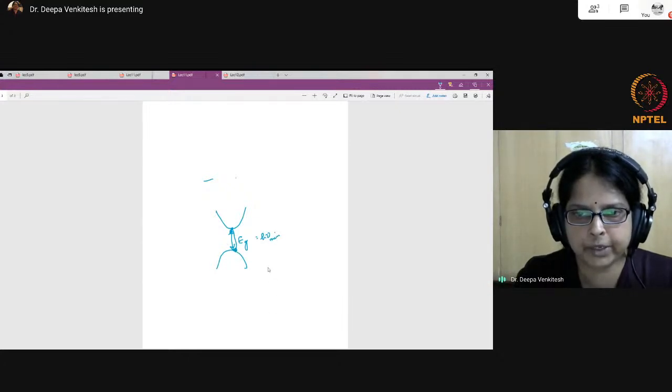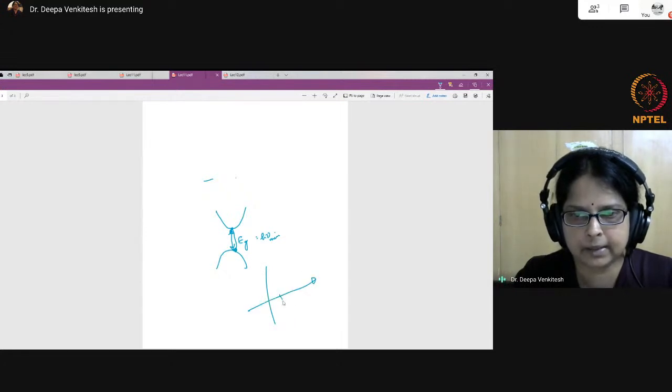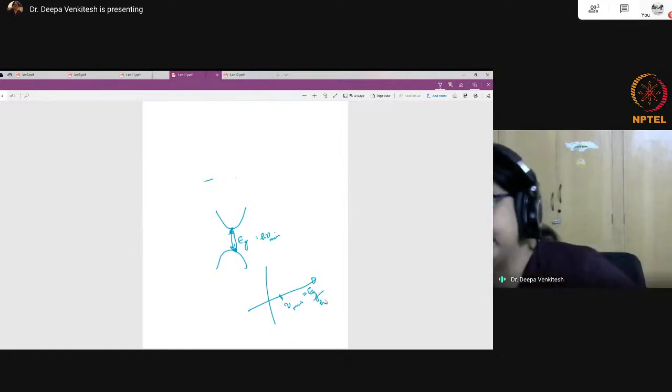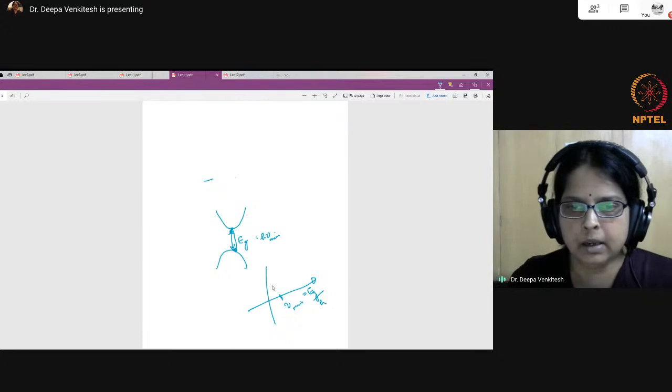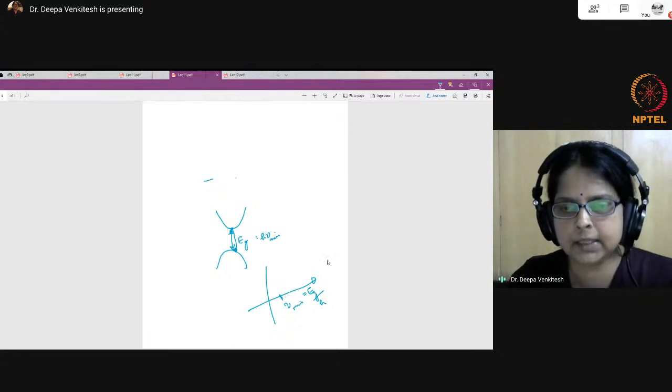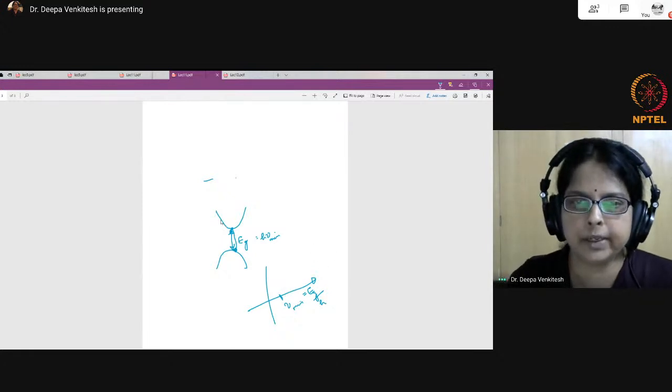So if I'm trying to draw the spectrum that is emitted by a laser, this nu minimum is given by Eg divided by h, which is why you wanted to do the band gap engineering. Now, what is the largest frequency that can come out of it? That is decided by the largest energy.